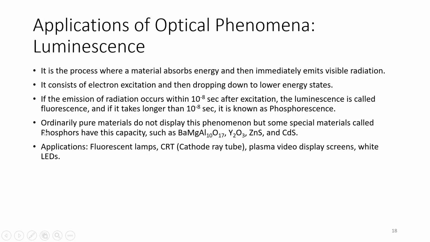Ordinarily pure materials do not display this phenomenon, but some special materials called phosphors have this capacity, such as barium magnesium Al10O17, yttria Y2O3, zinc sulfide and cadmium sulfide. Applications include fluorescent lamps, CRT (cathode ray tube), plasma video display screens, and white LEDs.